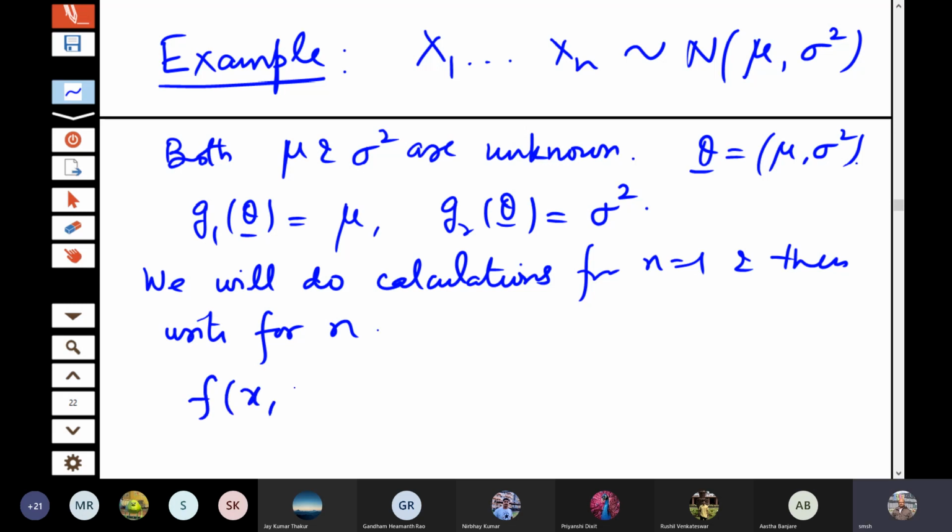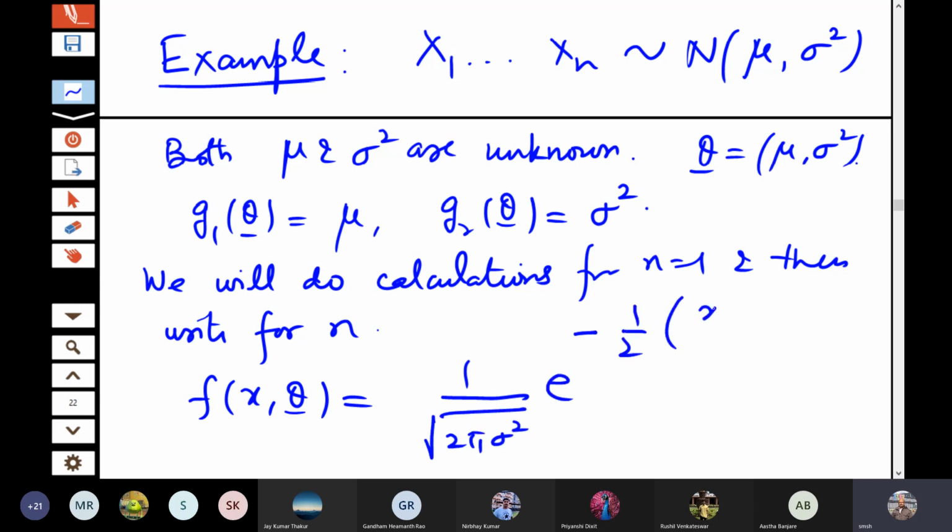So your f(x, theta), that is 1 by root 2 pi sigma square e to the power minus 1 by 2 x minus mu by sigma square.